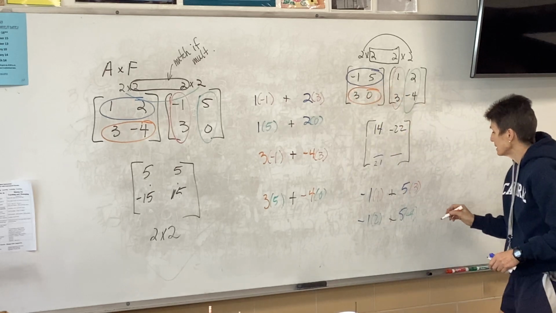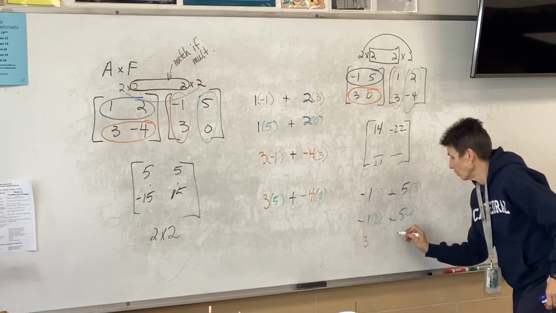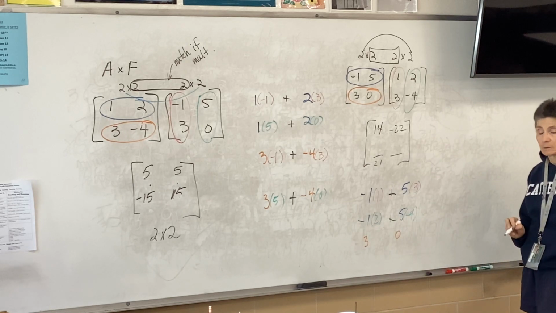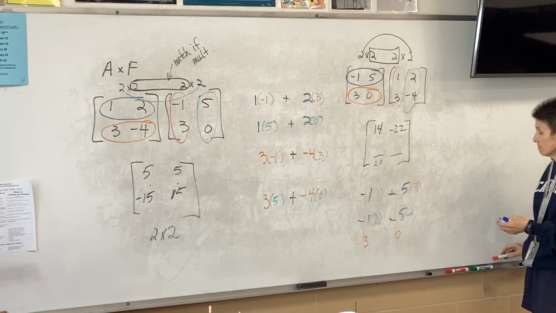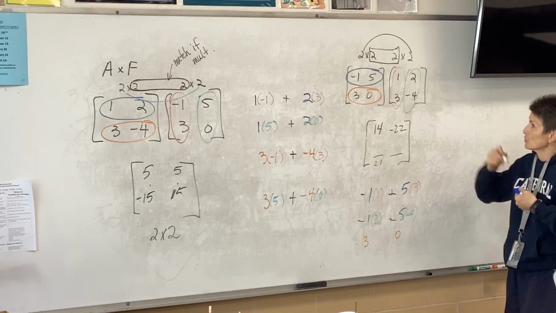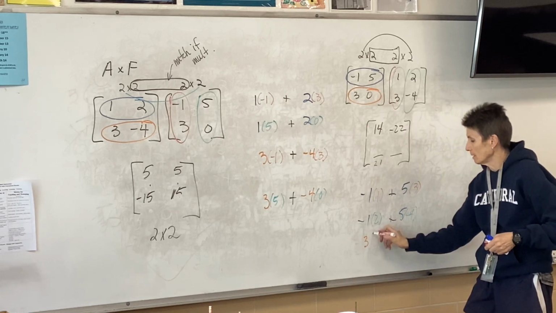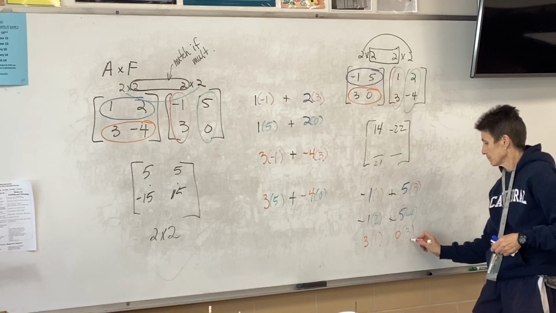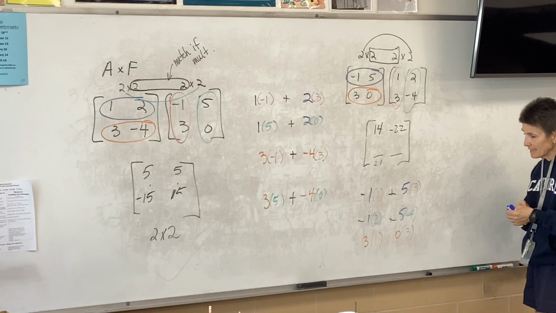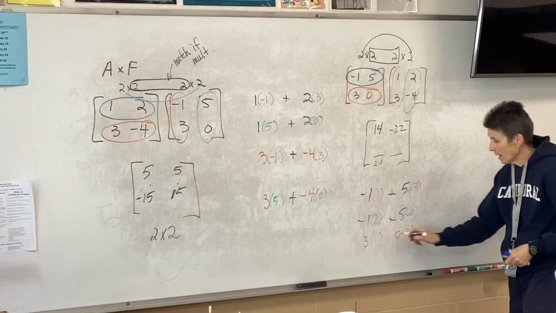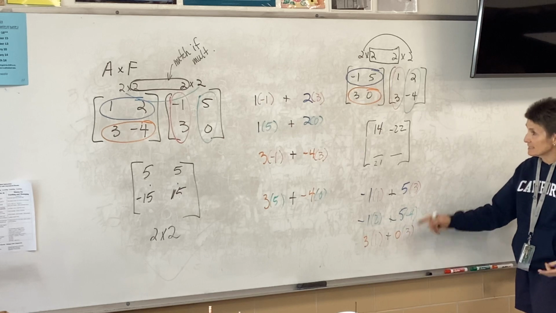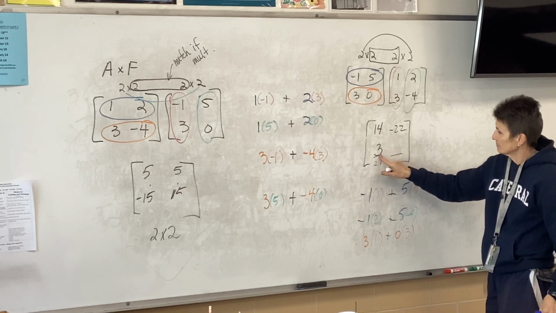So I'm going to write down the numbers in the second row, and I'm going to times them by the numbers in the first column. So I'm going to multiply each pair and add them up. So I get 3 plus 0, so I just get 3.